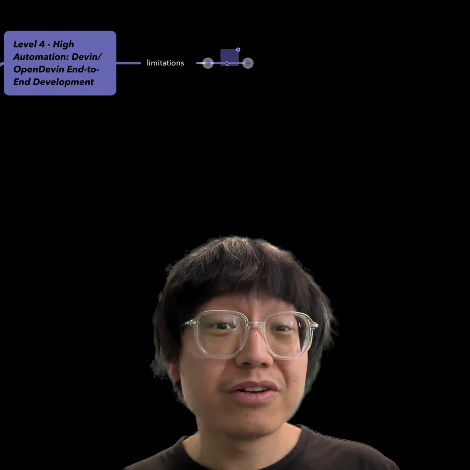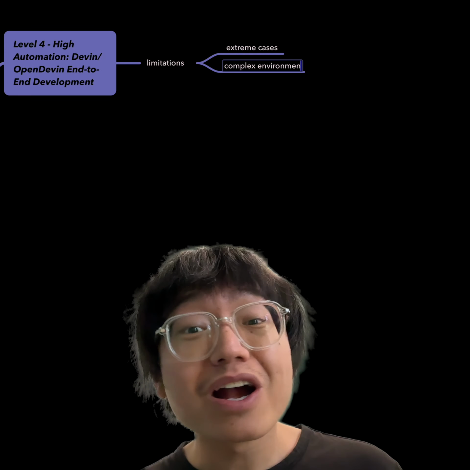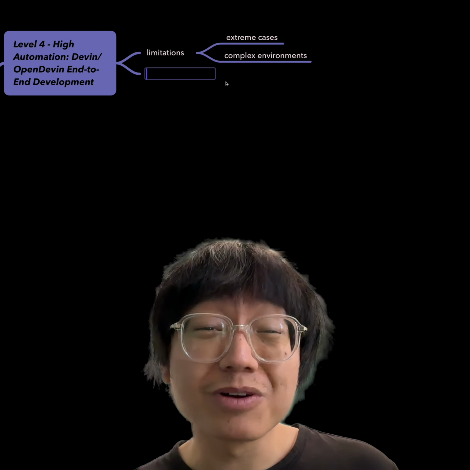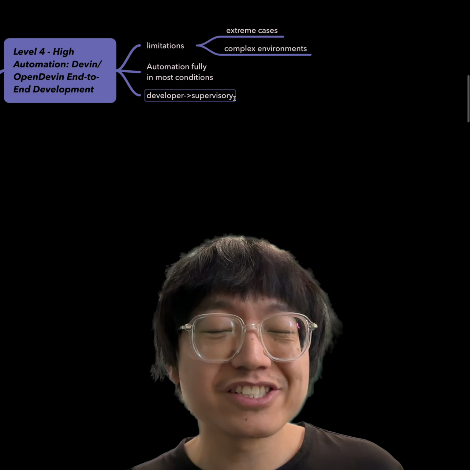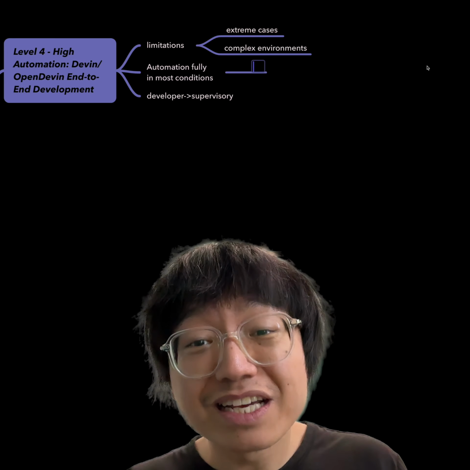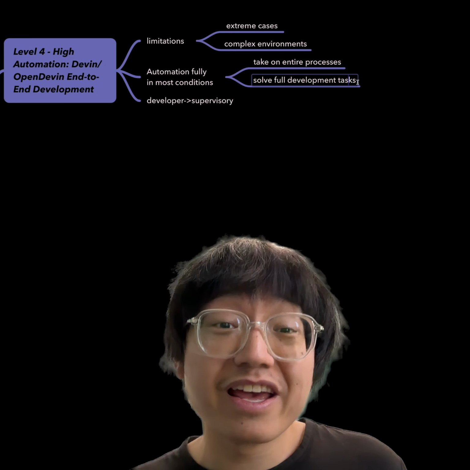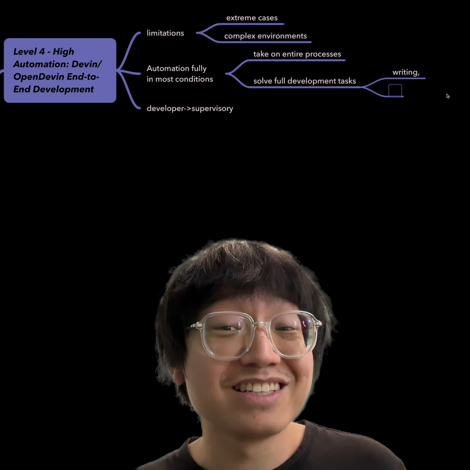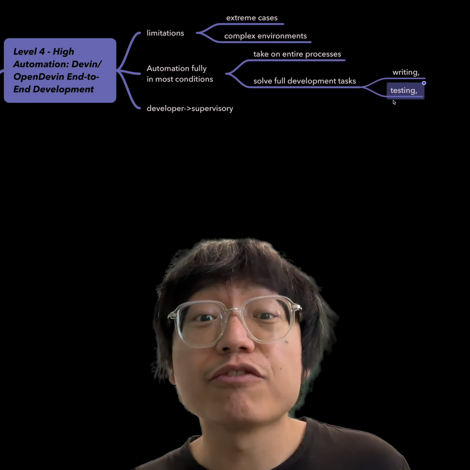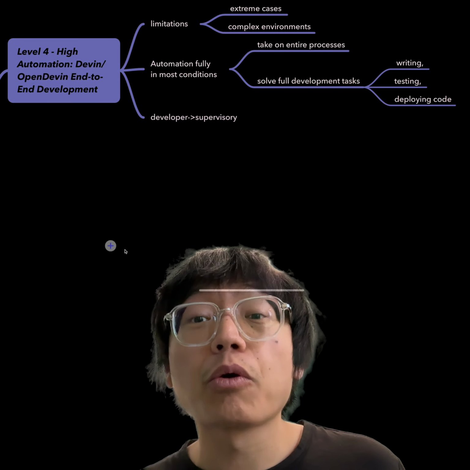Level 4 is high automation, like Devin or OpenDevin, which is end-to-end development. This is where we reach high automation, similar to a car like Waymo. That is, the car can drive fully in most conditions, but still has limitations in extreme cases or complex environments. The same applies in software development. This could mean that the tools can take on entire processes or solve full development tasks, from writing, testing, and even deploying code.